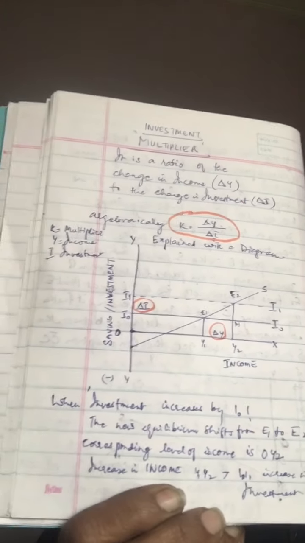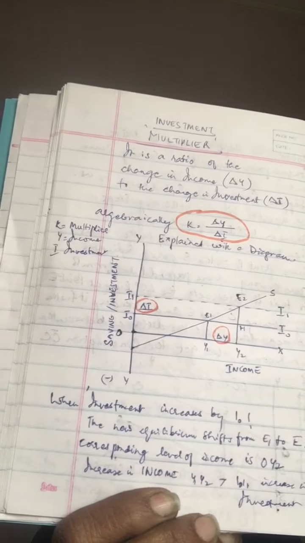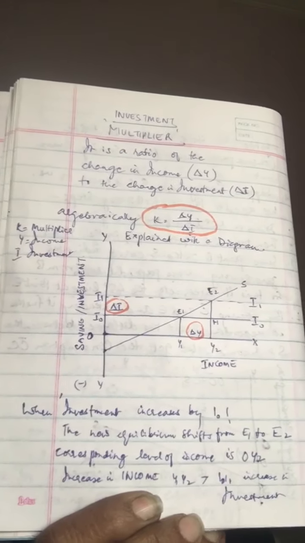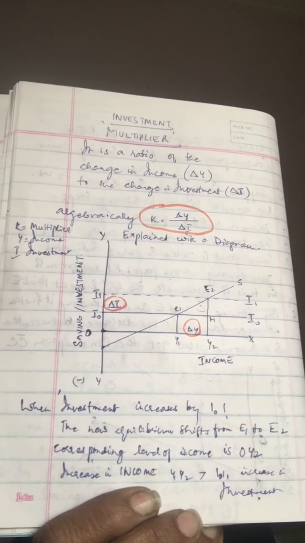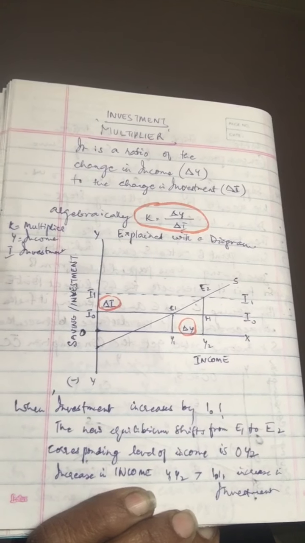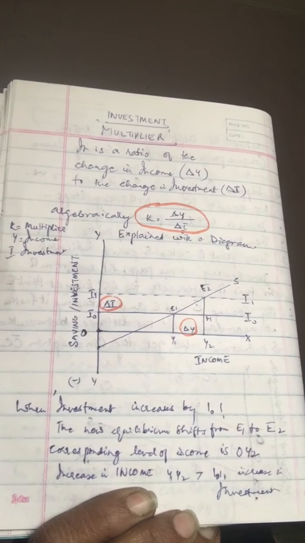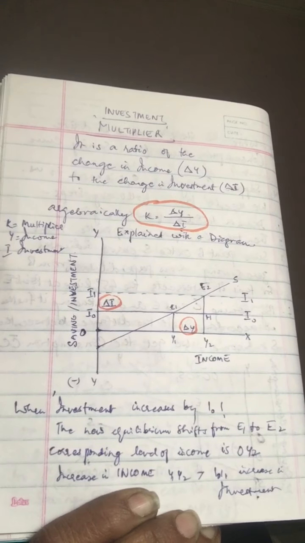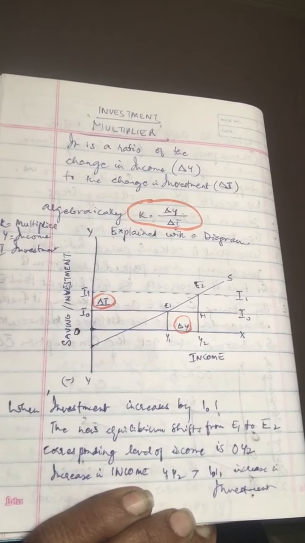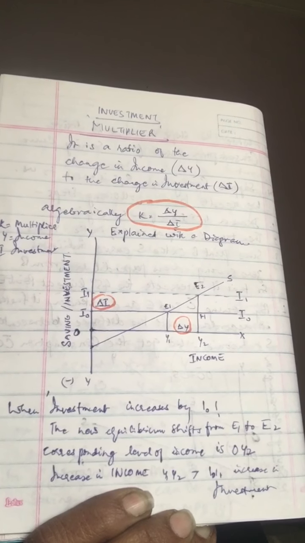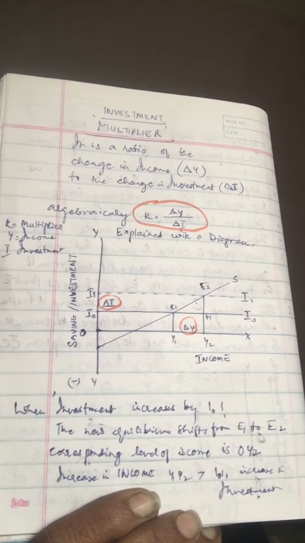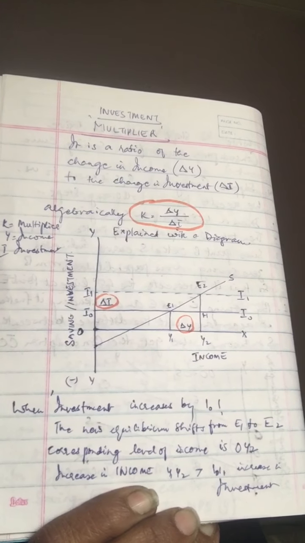By now I'm sure you know what a saving curve is and what an investment curve is. The saving curve starts from the minus y axis, and the investment curve is autonomous, so it is parallel to the x-axis. The SS curve represents the saving curve, and the I0 curve is the initial investment curve.